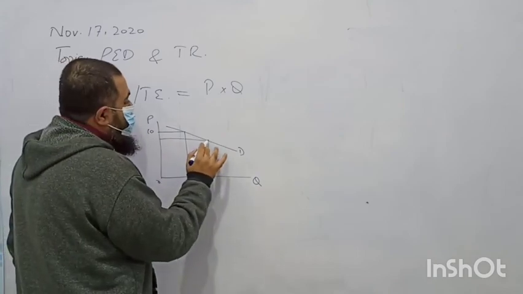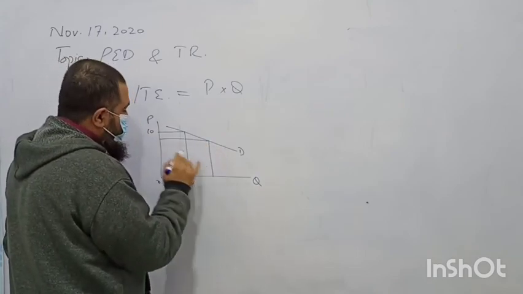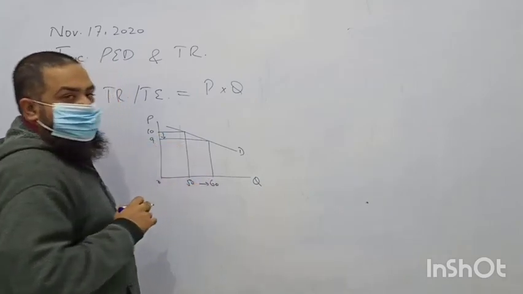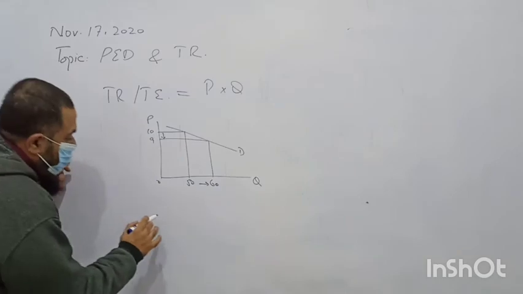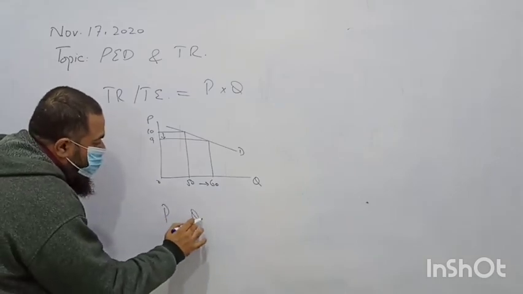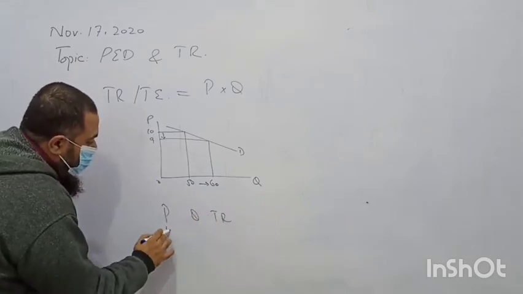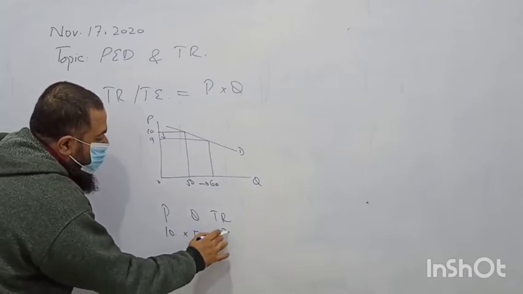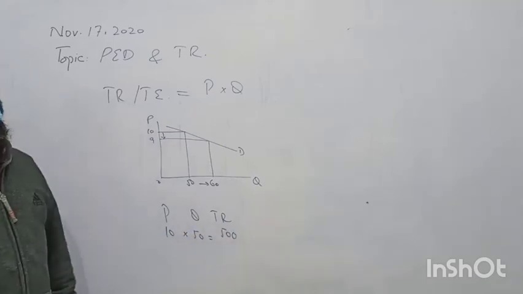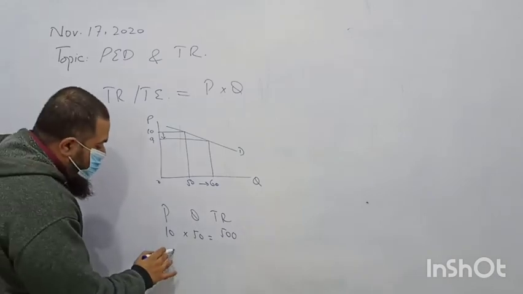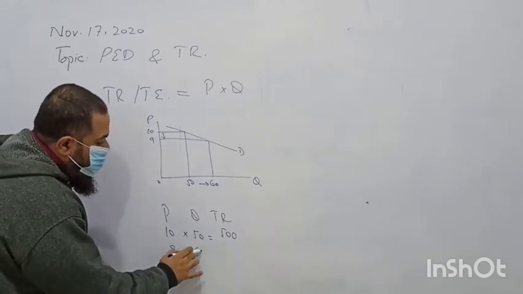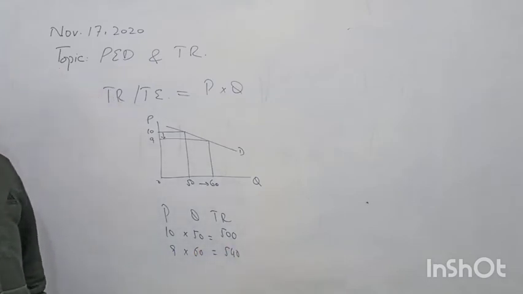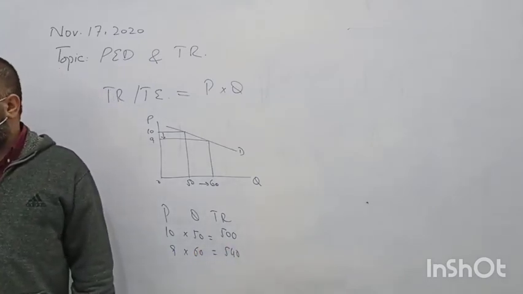When price goes to 9, what is the quantity demanded? 60. If I look over here, price, quantity and total revenue. At price 10, 50 units were demanded, so 500 is the revenue. At price 9, 60 units are demanded, 540 is the revenue, the total expense of the consumers.